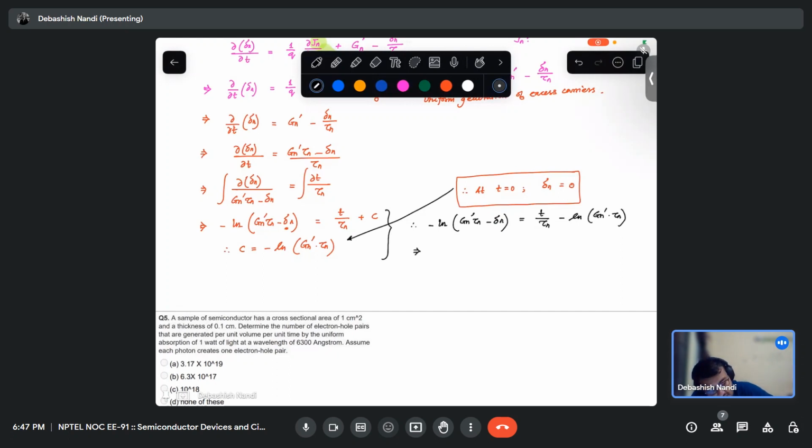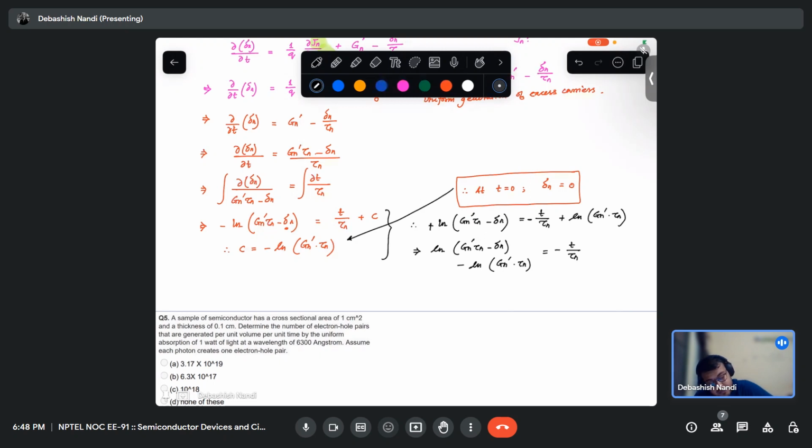Let me change the signs to make it easier: ln of (Gn dash tau n minus delta n) minus ln of (Gn dash tau n) equals minus t over tau n.